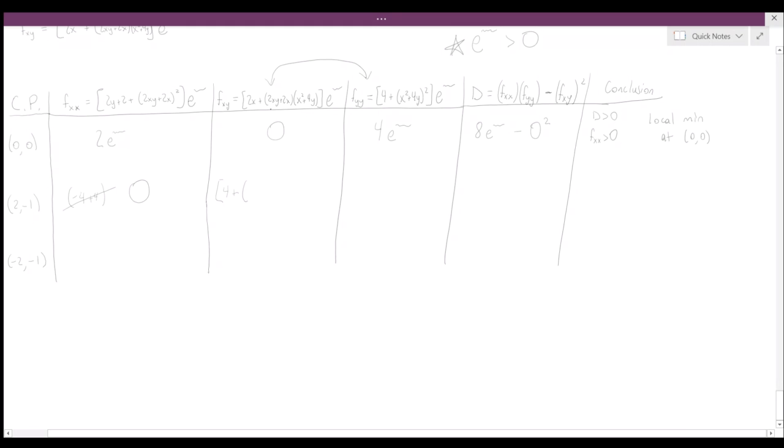That's going to be negative 4 plus another 4. So the rest of it is just going to be 0. And then times the exponential. So ultimately, it's just 4 times e to some power.